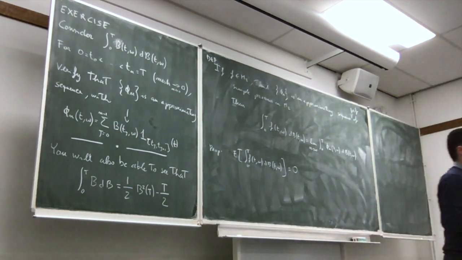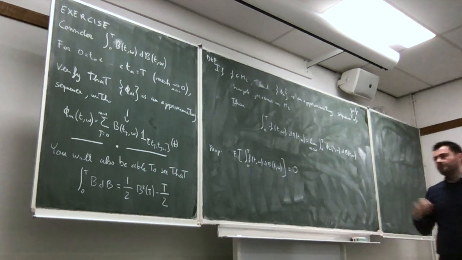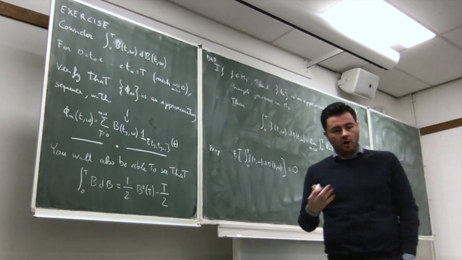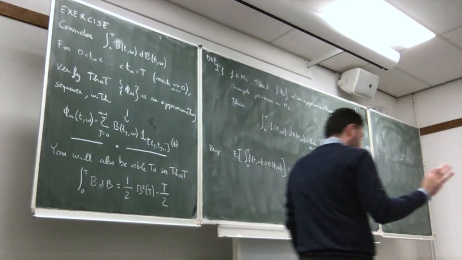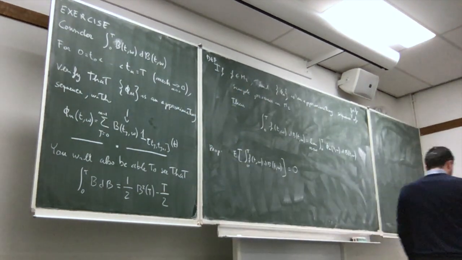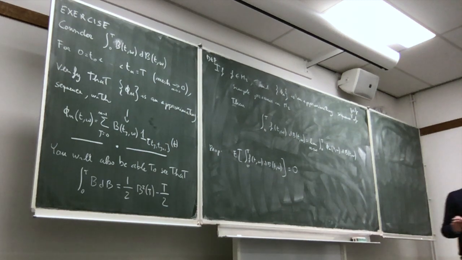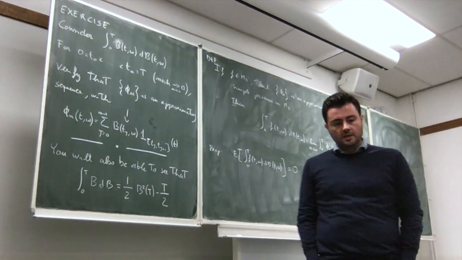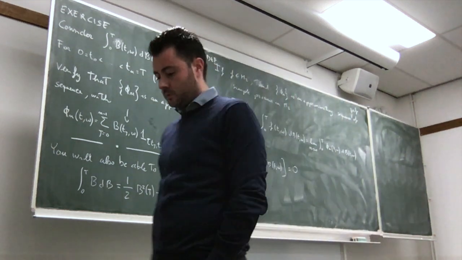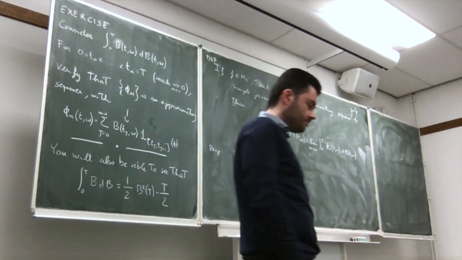Is 0. So if I take the expectation of a generic Ito integral, and remember now f is no longer a simple process, it's a generic f in the M2 class, then this expectation is equal to 0.